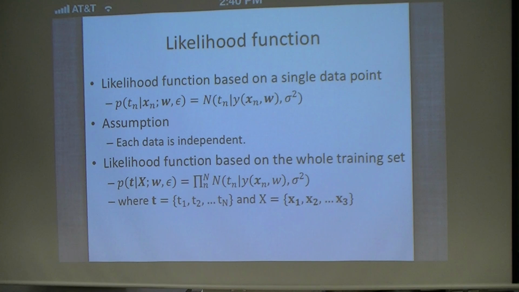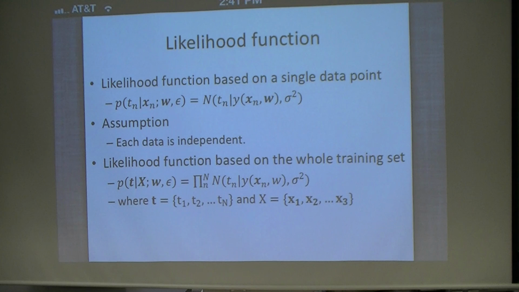It is just the Gaussian distribution with mean given by the regression output function y and variance sigma squared, which comes from the error. And we assume each data point is independent. In this case, the likelihood function based on the whole training data can be factorized like this. It is the product of all the individual likelihoods.